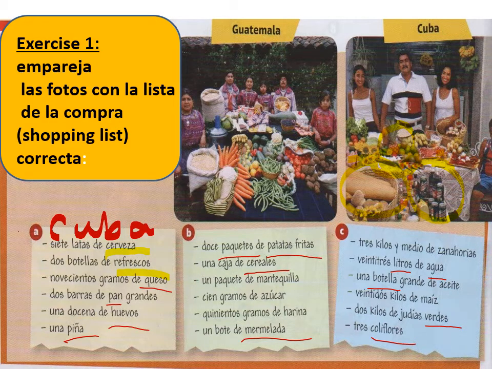Then the next one, you're looking for cereal, you're looking for crisps and marmalade or jam. Can you see that in the Guatemala one? Well, we can't, but if we have a look at the Guatemala one, we can see green beans, loads of green stuff. You can see cauliflower there just in the middle.